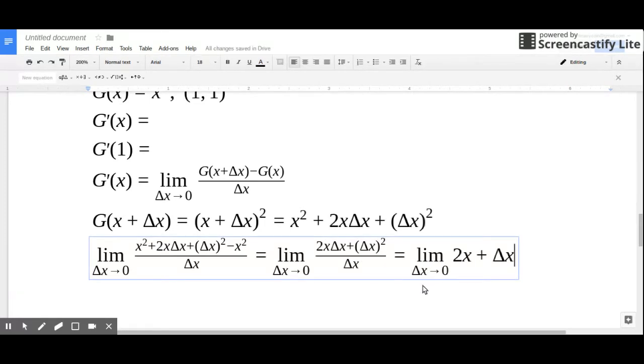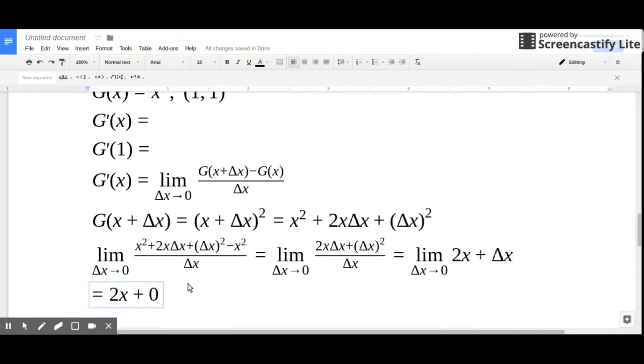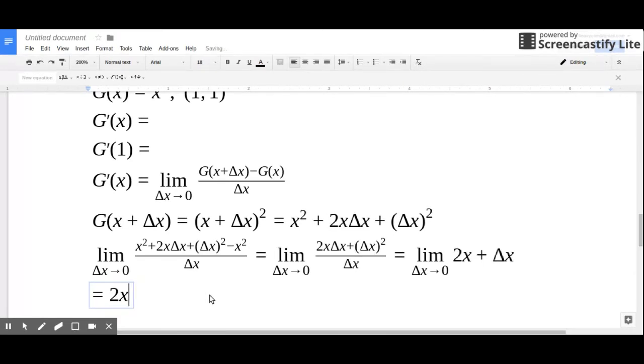And now we go ahead and do our direct substitution, plugging 0 in right here for delta x. We're going to end up with 2x. It would be 2x plus 0, but we don't need to write that.